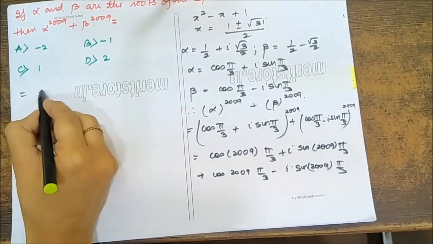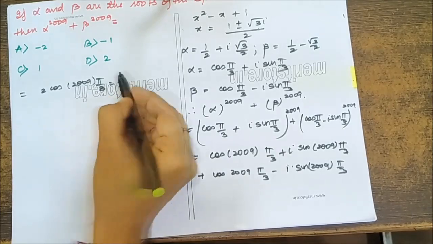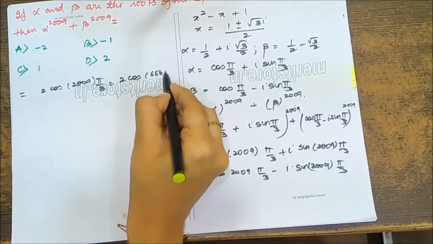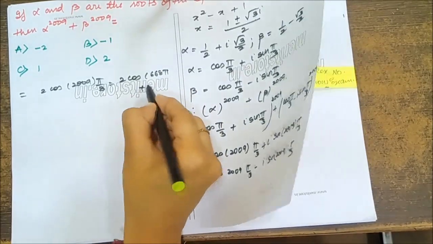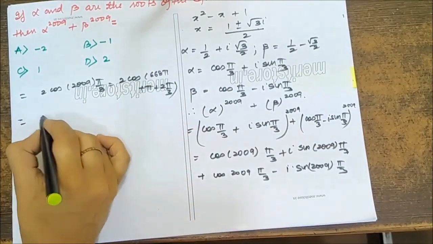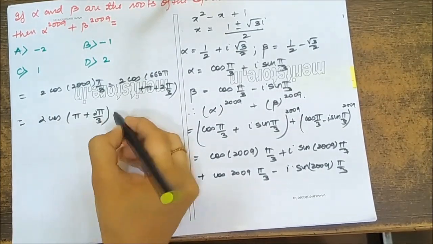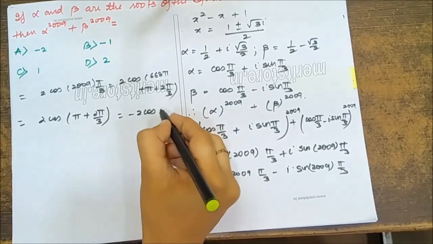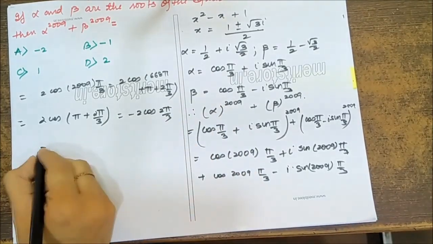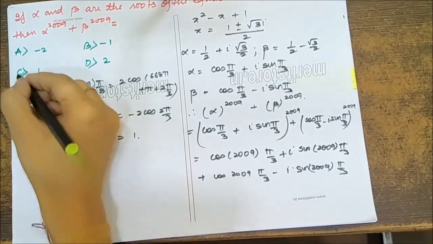So 2 times cos 2009 pi by 3 is equal to 2 cos of 668 pi plus pi plus 2 pi by 3. We have simplified the equation. Now this is nothing but 2 cos of 180 plus 2 pi by 3, which is minus 2 cos of 2 pi by 3, because cos of 180 plus theta is minus cos theta. So that is minus 2 into minus half, which is equal to 1. So the answer is C.